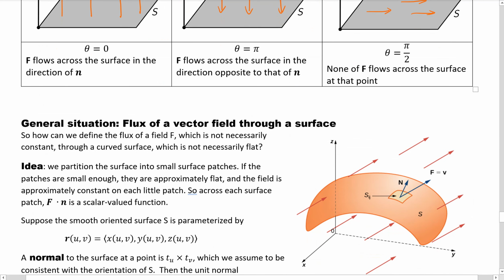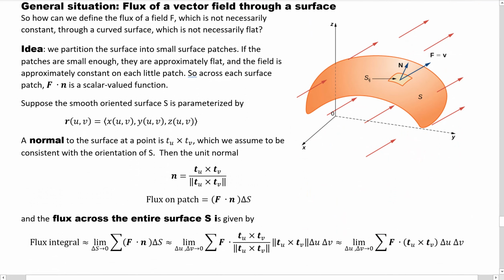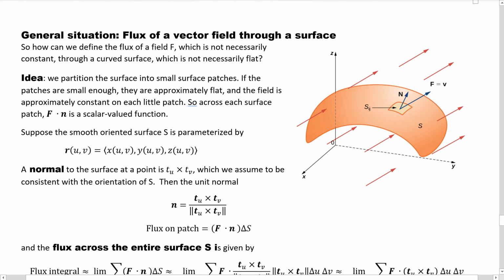Okay. General situation: flux of a vector field through a surface. So how can we define the flux of a field, which is not necessarily constant? We might have a curved surface, which is not necessarily flat.